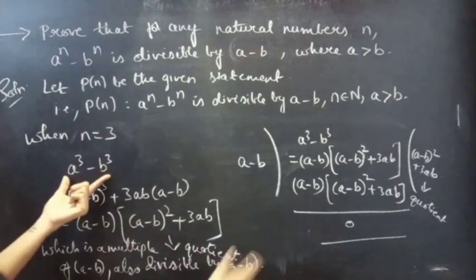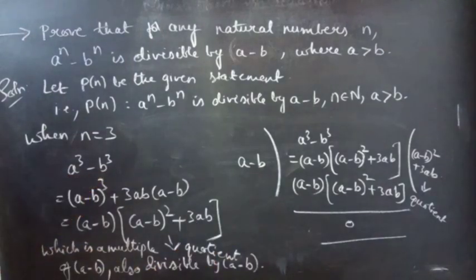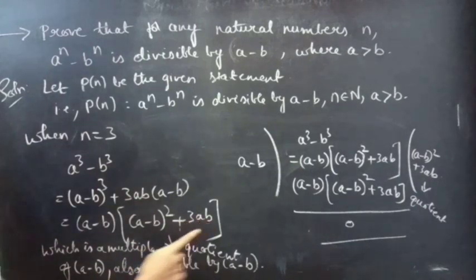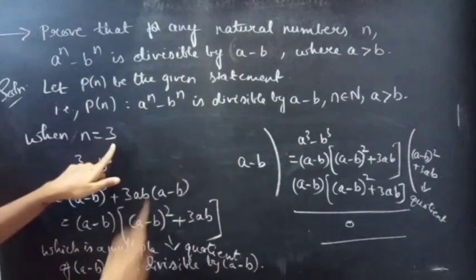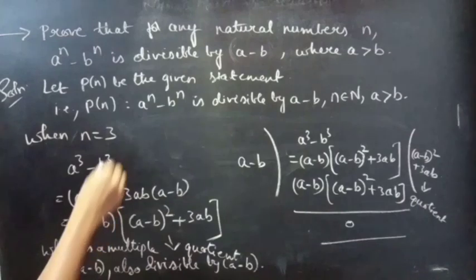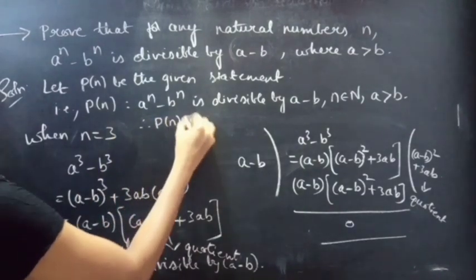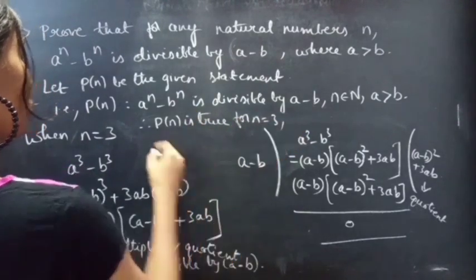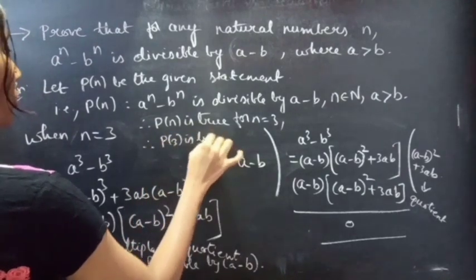Since a³ − b³ is divisible by a − b with a quotient (a − b)² + 3ab, right? So we can say that the statement is true for n equals 3. Therefore, P(n) is true for n equals 3. Therefore, P(3) is true.